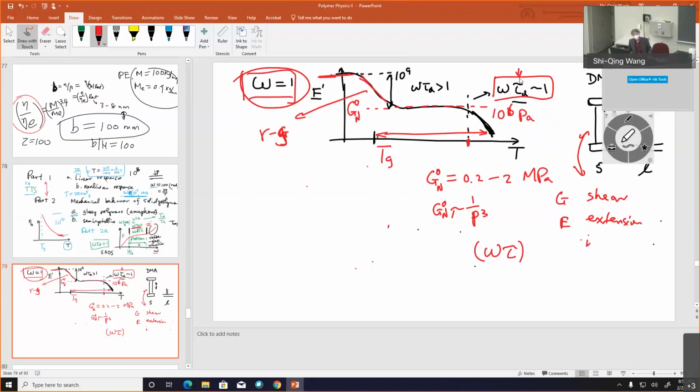Higher than that temperature, do I have reptation? Of course I do. I will have a time shorter than tau. Above that temperature, of course I also do. I will have a reptation time much slower than tau, other than 1 second. So for that reason, there's nothing magic in terms of tau reaching 1 second.